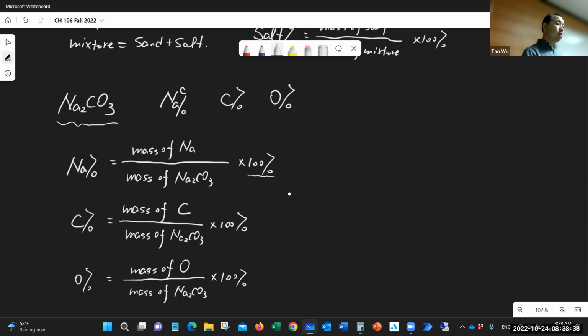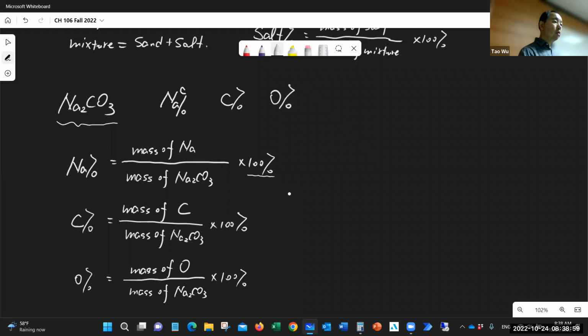Just based on the formula, we can use the molar mass as the mass of this compound. Again, we just assume we have one mole of this compound, and then you can figure out what the mass is. The percent composition generally is the same thing.